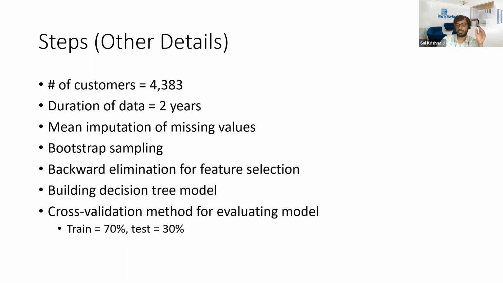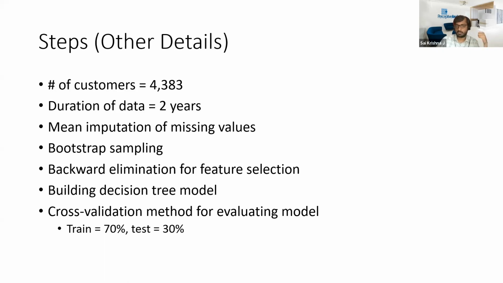So, what this bootstrap sampling method does is, it takes multiple samples out of the data with replacement. So when I say with replacement, what it means is an observation which is present in one particular sample can also be present in other samples. So that is what we call with replacement.